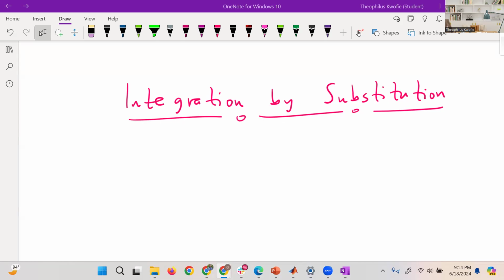Integration by substitution is particularly useful, and by substituting a part of the integrand with a new variable, it becomes easy to separate and simplify the nested functions, thereby making the integral more manageable. I'll take an example and exploit it further. So stay with me.